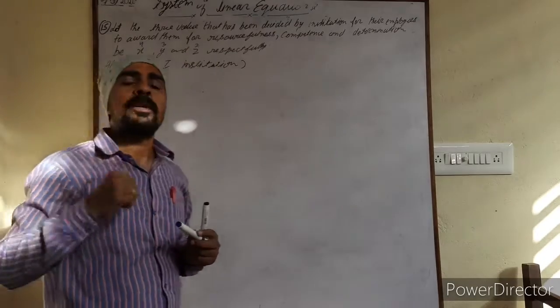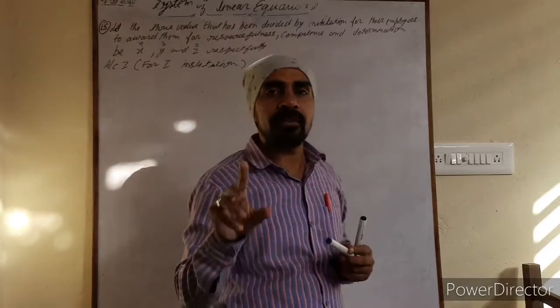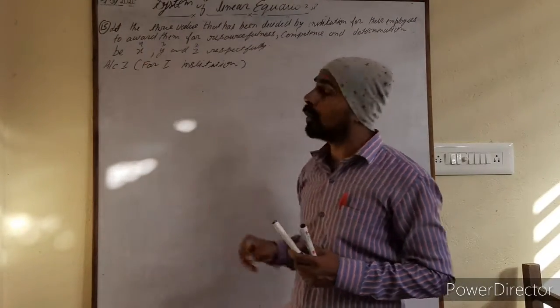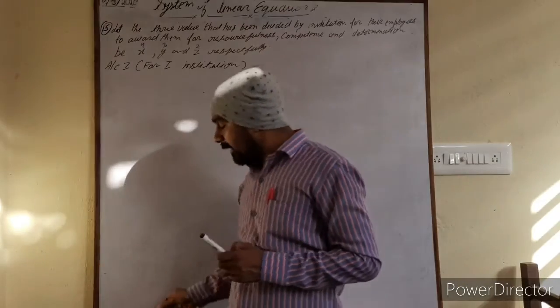It is not being supposed by me, it has been mentioned in the question that the first institution has decided to award 4, 3 and 2 respectively. So that it has been mentioned.